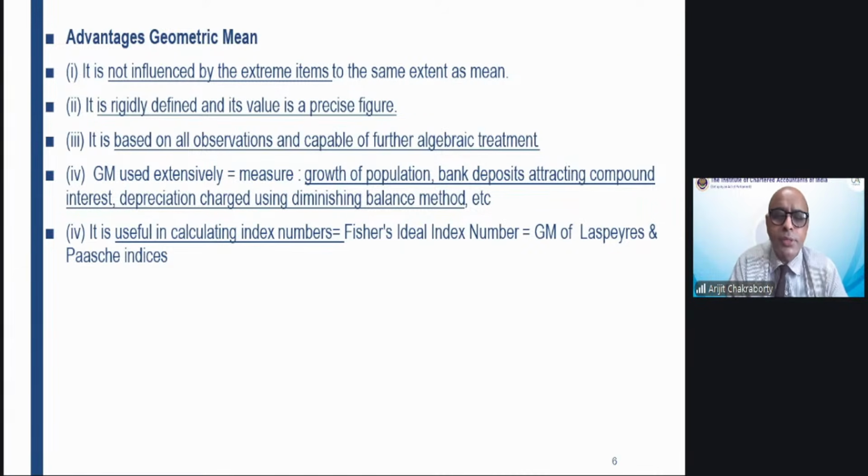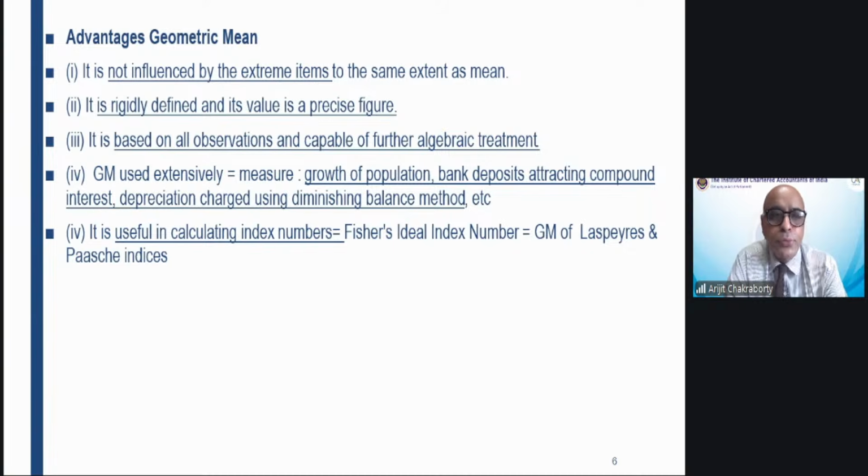Fisher's index number is nothing but the geometric mean of two other index numbers, last previous index and past year's index.